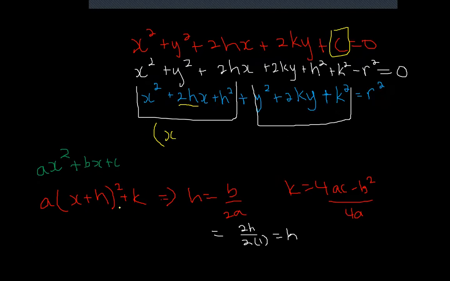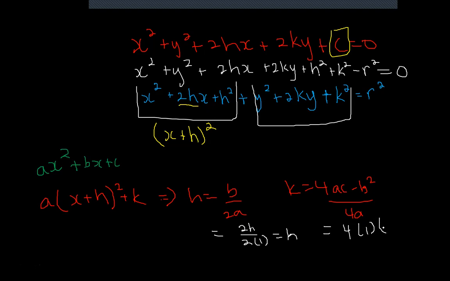X, writing it in completed square form. X plus h, in this case is h, squared. So now we need to find k. This is the formula for k. We said that the value for a is 1. So that's 4 times 1.